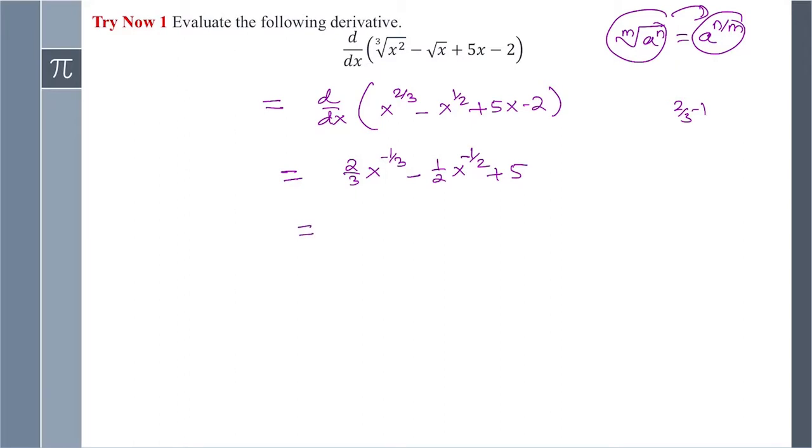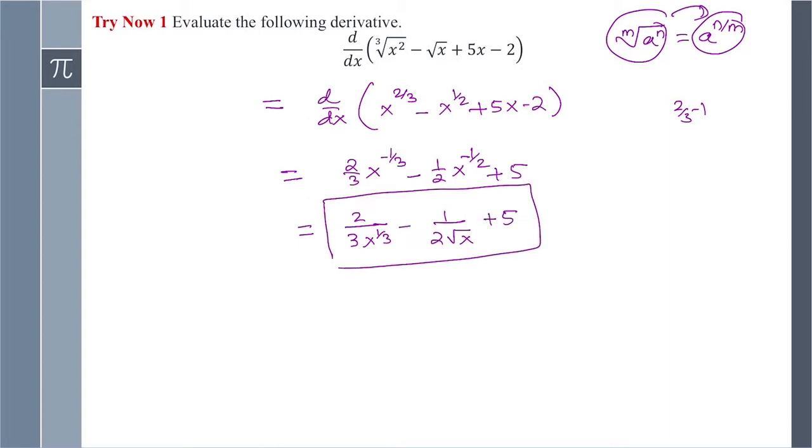And then that becomes, we have 2/3, and we can make it positive by putting that underneath in the denominator, minus, so we can do the same thing here, 1 over 2 square root of x, because x to the 1 half is the square root of x, plus 5, and then we can leave it right here.